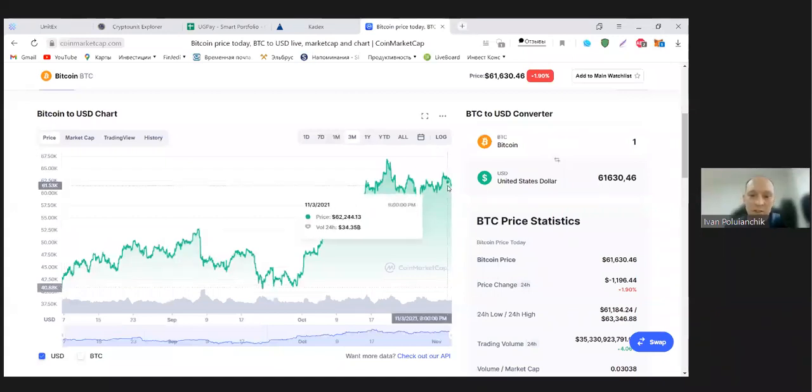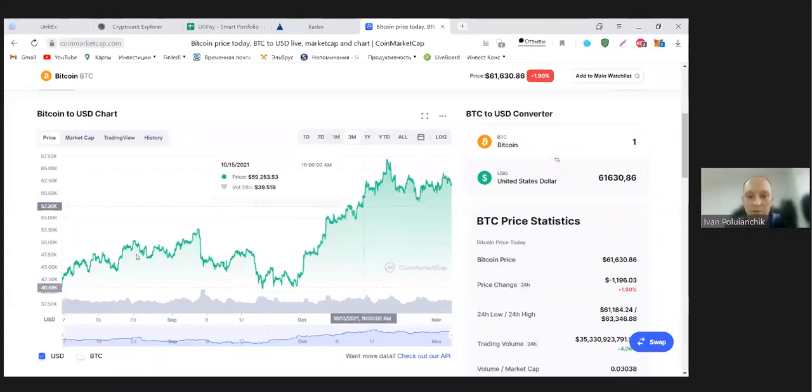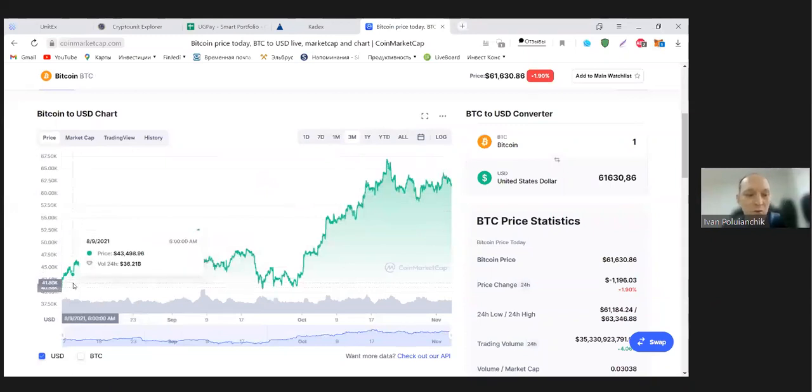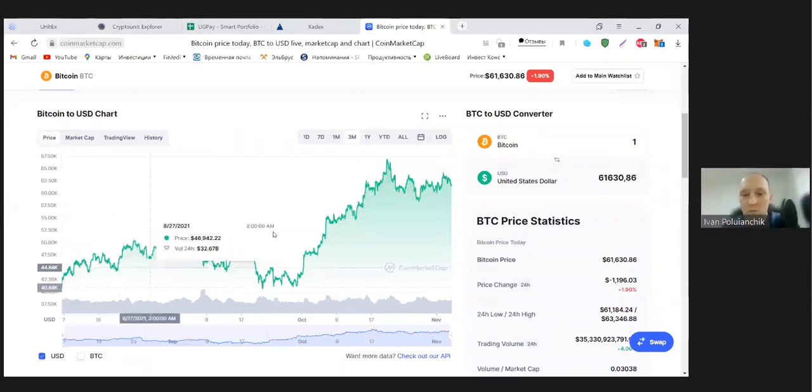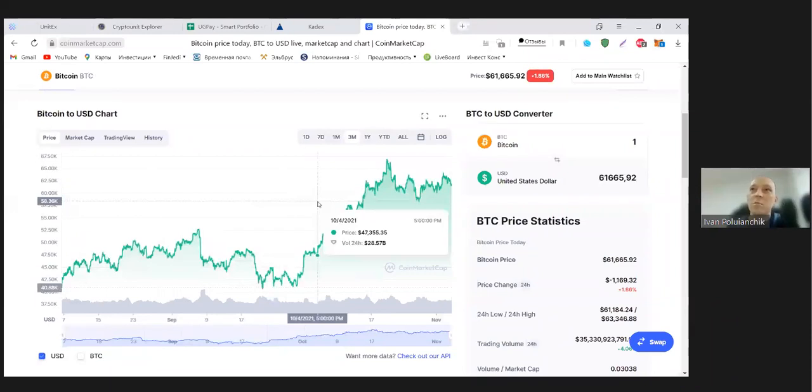So, the investment for a 3-month term: if we entered at 48 and then 62, this is quite 50% growth. 50% divided by 3 months, we get over 15% a month, about 17% a month growth.